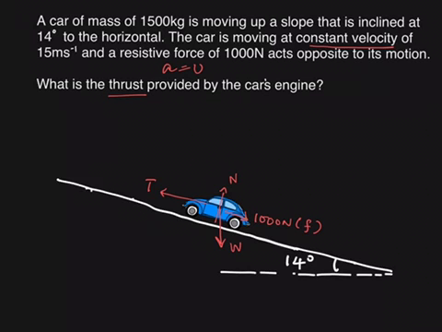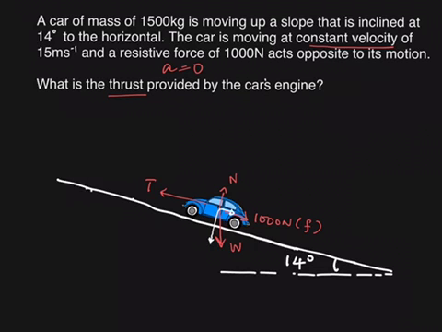Now, what we can do is resolve the weight into two components. Remember, the weight is acting vertically downwards, but there will be a component of the weight along the slope. So, if you resolve the weight into two components, one is perpendicular to the slope, and another is parallel to the slope.